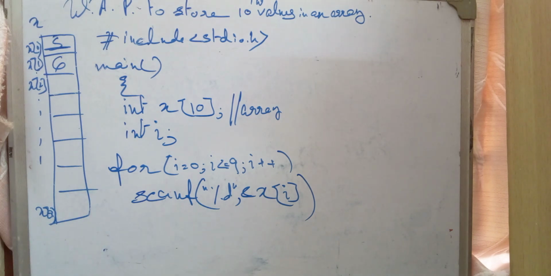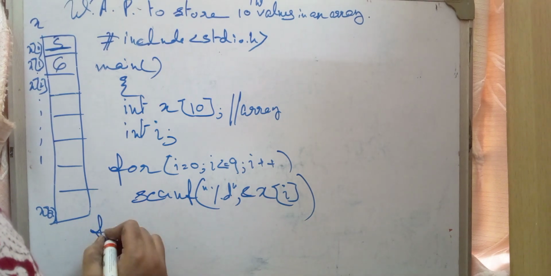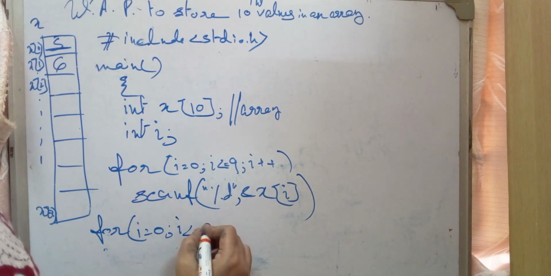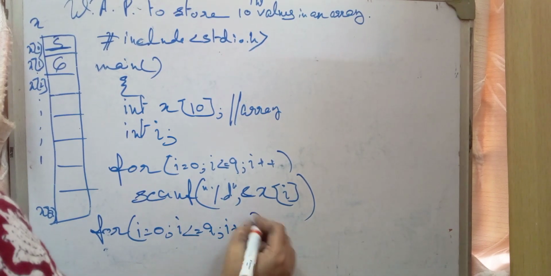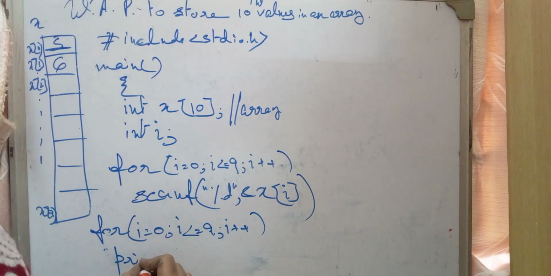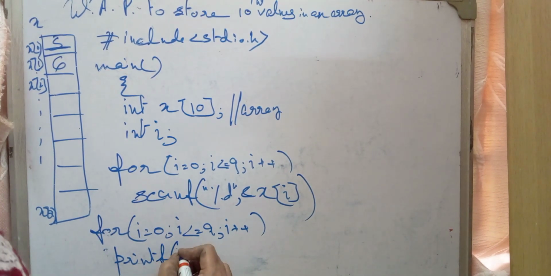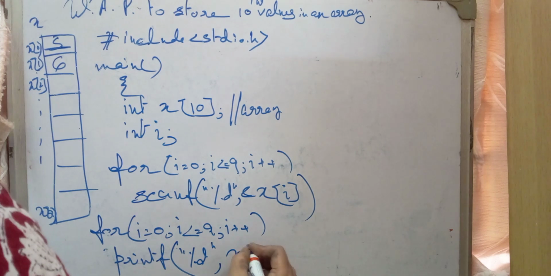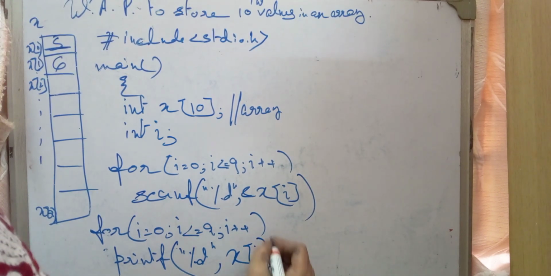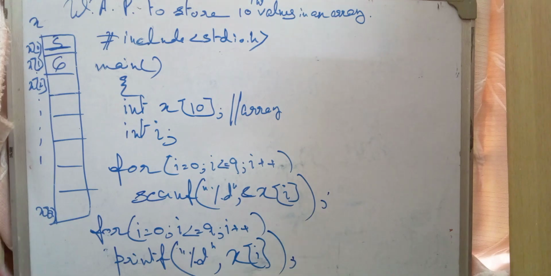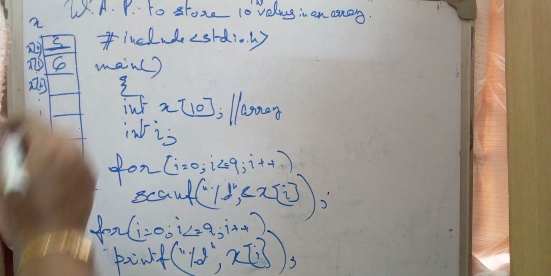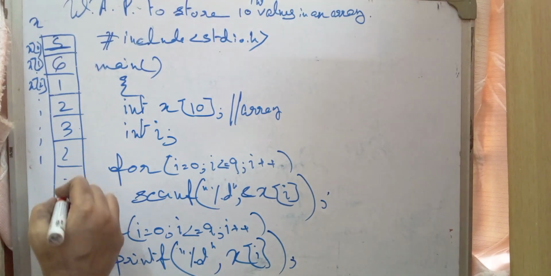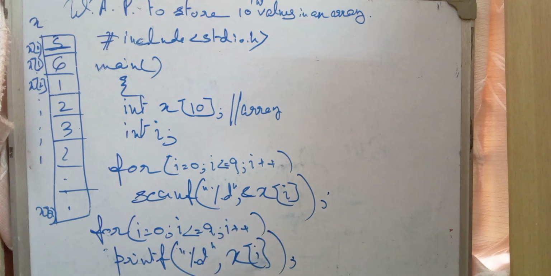And if I like to print the values, again I will use a loop. printf x i. Whatever value I have stored, it will be shown.